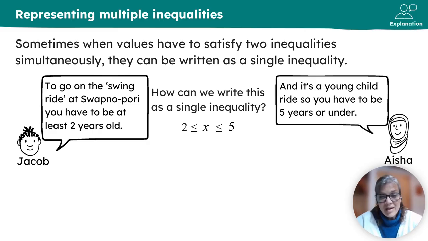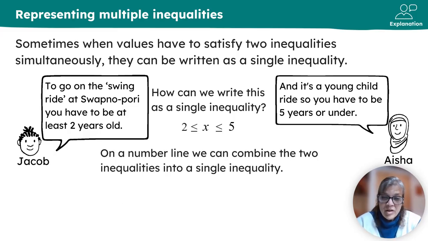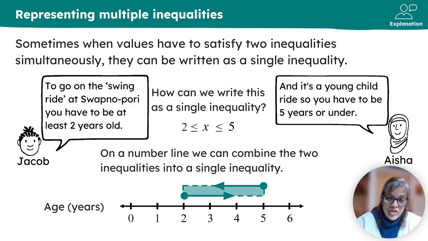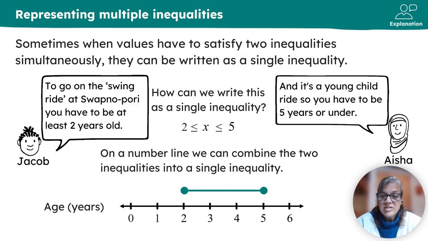We could write it as x in the middle, that's the age, has to be greater than or equal to 2, less than or equal to 5. And we would write it all together like this. If we put it on a number line, it would look something like, okay, I have the one restriction, I have the second restriction, I can use just two closed dots and connect all the way in between.